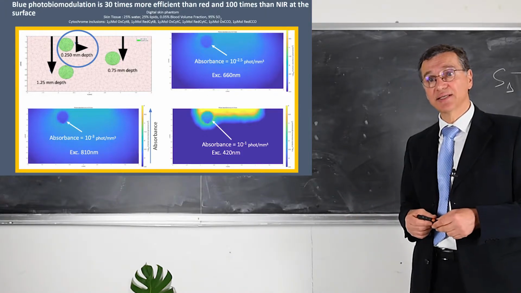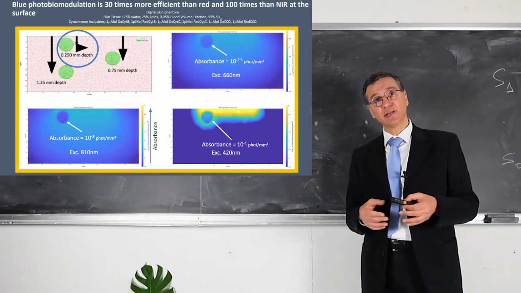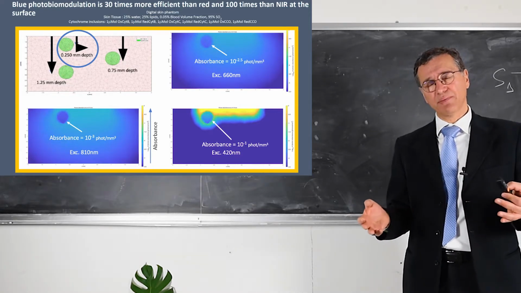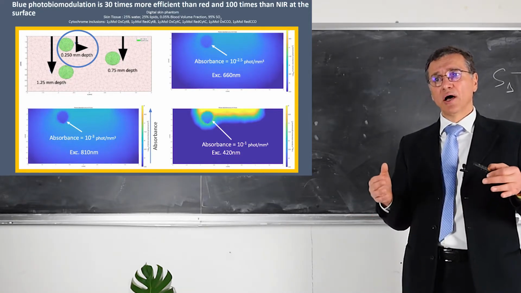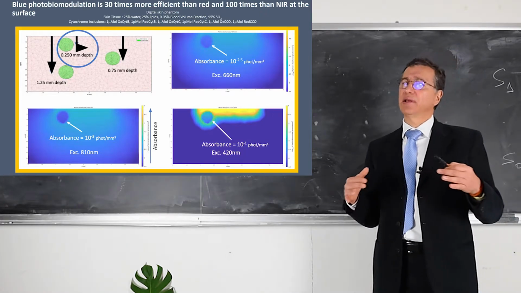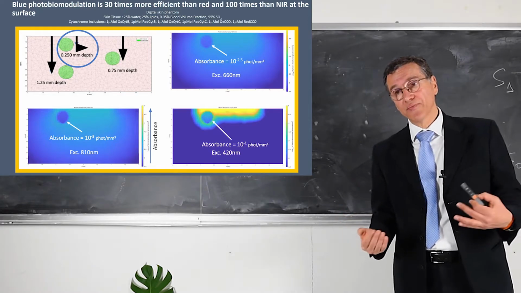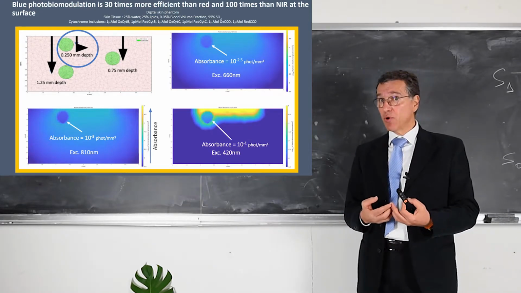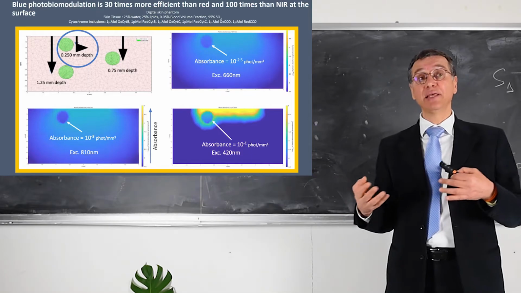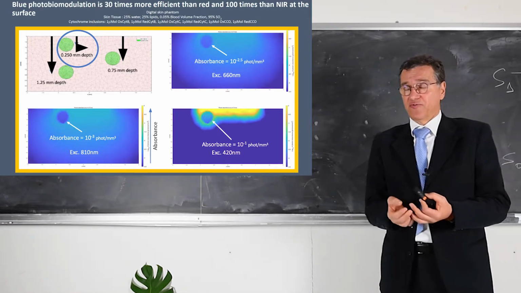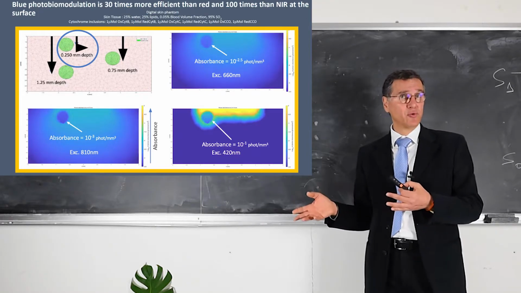Now, we are studying what is happening when we are illuminating with blue at 420 nanometers, with red at 660, and with near infrared at 810. We see something which is quite obvious, let me say. Blue is illuminating the first layer, for sure. But it's also absorbed much more than the red and the near infrared, which are, of course, propagating on the surface, like the blue.